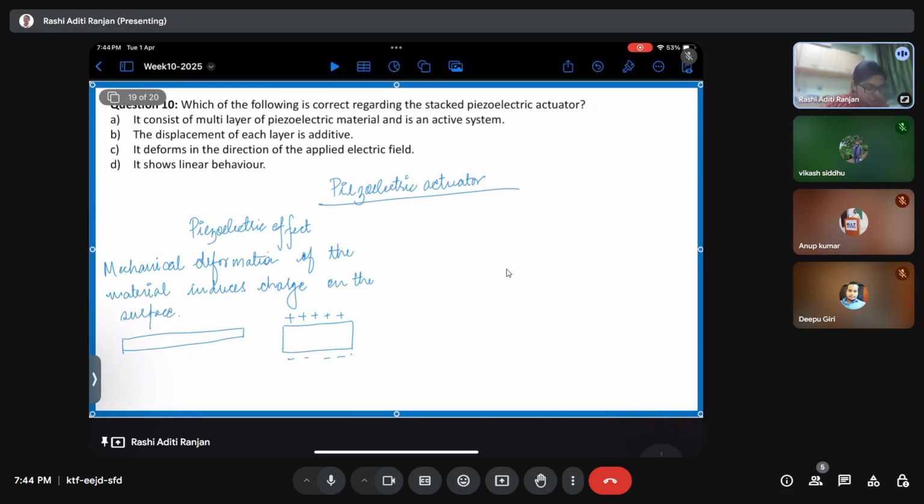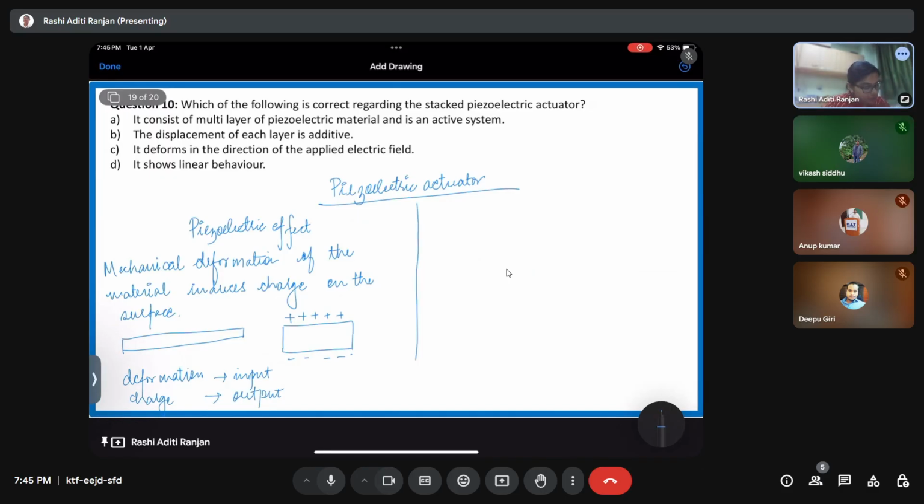So essentially, deformation is my input and charge is my output. The piezoelectric actuator also has one more special effect, which is known as the reverse piezoelectric effect.